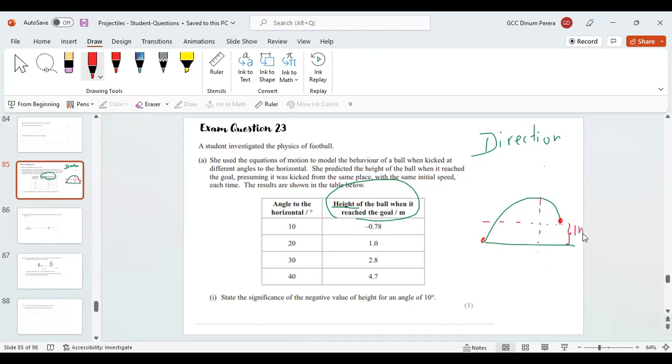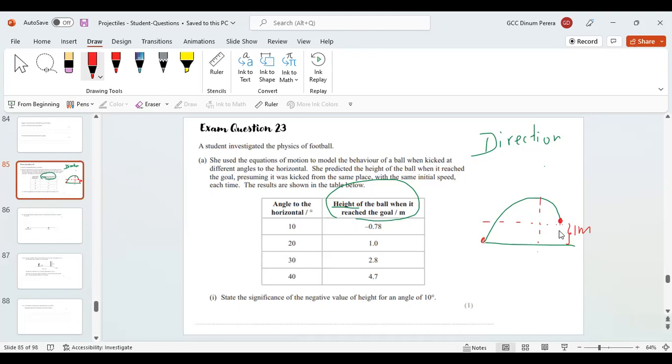So 1 meter, 1 meter above the initial position. That's positive, but the ball is moving backwards. So saying the ball is moving backward, or in the opposite direction, will not be a correct answer.